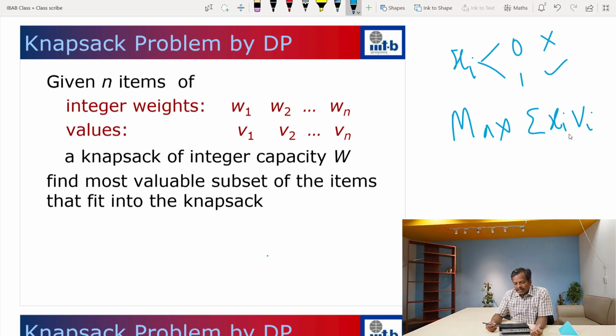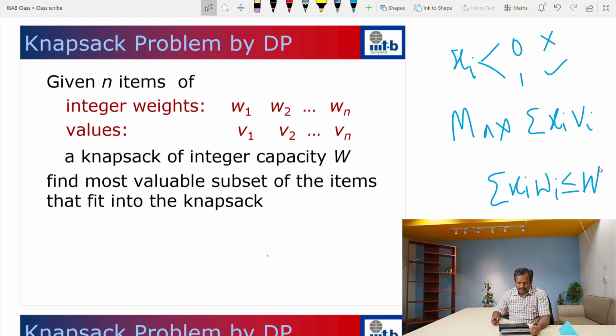If you pick the ith item, we can make a profit of V of i, and if you don't pick the ith item, then V of i doesn't contribute to the profit. This is with the condition that the sum of the weights of the items that you are picking, that is x of i into W of i, where W of i is the weight of the item, should be smaller than or equal to the given size of the knapsack, which is denoted by W.